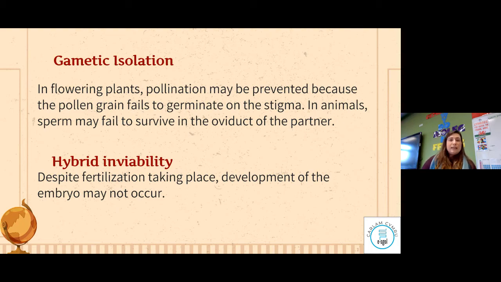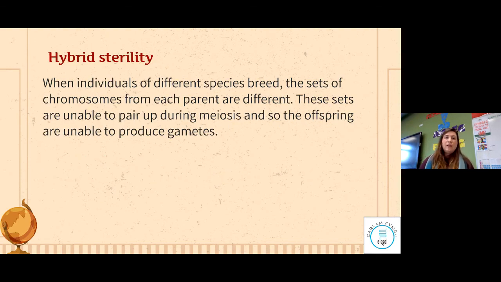Hybrid inviability. Despite fertilization having taken place this time, the development of the embryo doesn't occur. And hybrid sterility. When individuals of different species breed, the sets of chromosomes from each parent are different, and the sets can't pair up during meiosis because they're different, and so the offspring are unable to produce gametes.